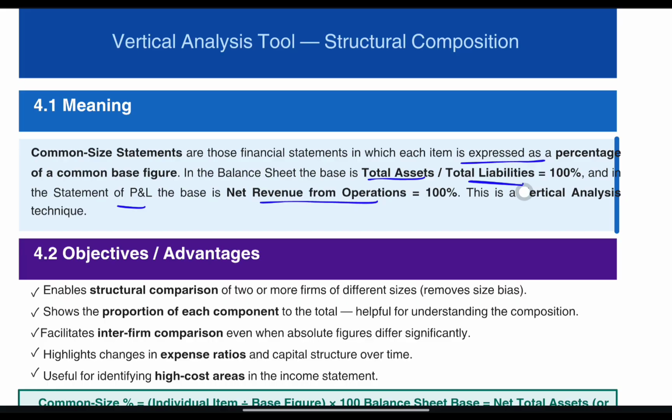Got it? And common size statement analysis is known as vertical analysis. Why? Horizontal analysis was the comparative balance sheet, when we compare two years of the same balance sheet, but here we are converting figures vertically, so that's why it is a vertical analysis technique.